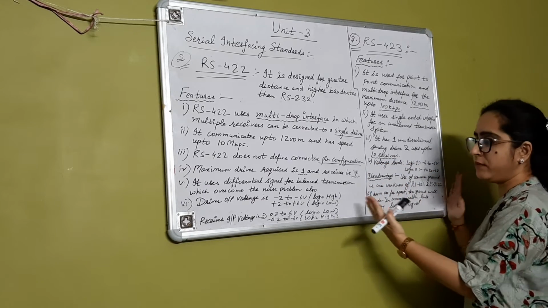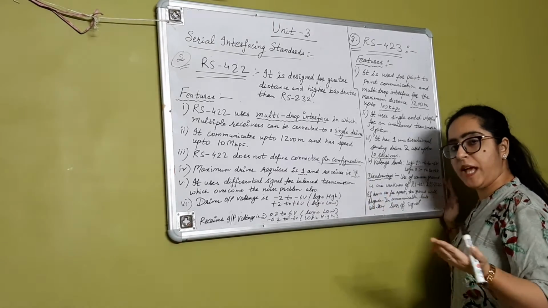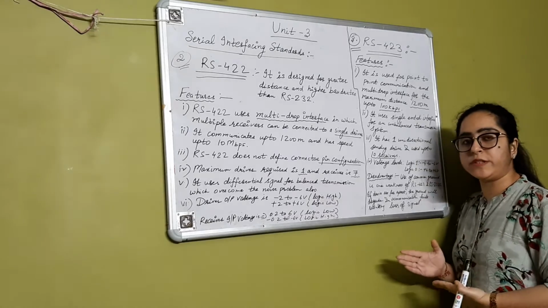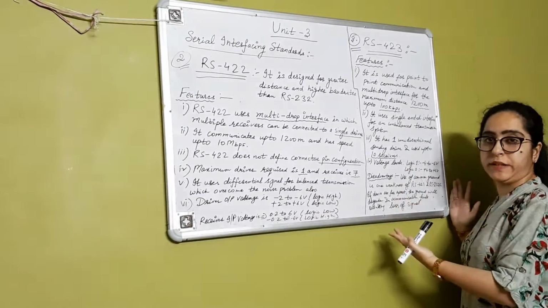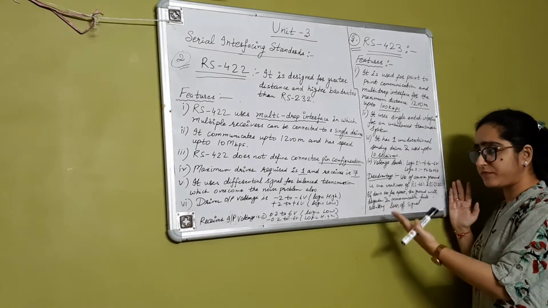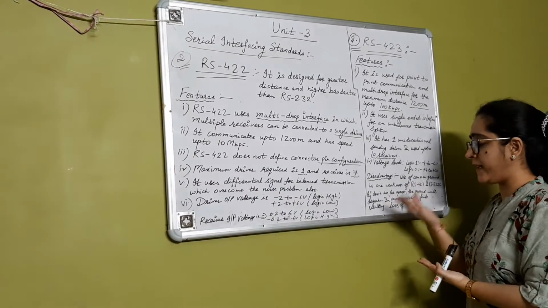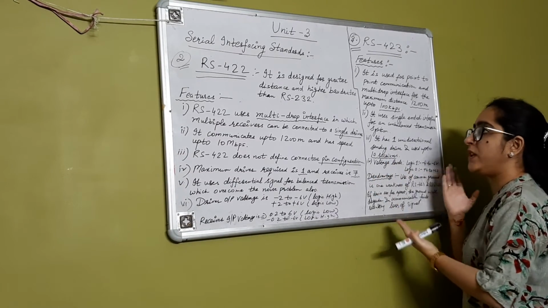These are certain changes in the features. So as per your requirement in the application, you can choose either RS422, 232 or 423. As per the application requirement, you go for the particular serial interfacing standard.